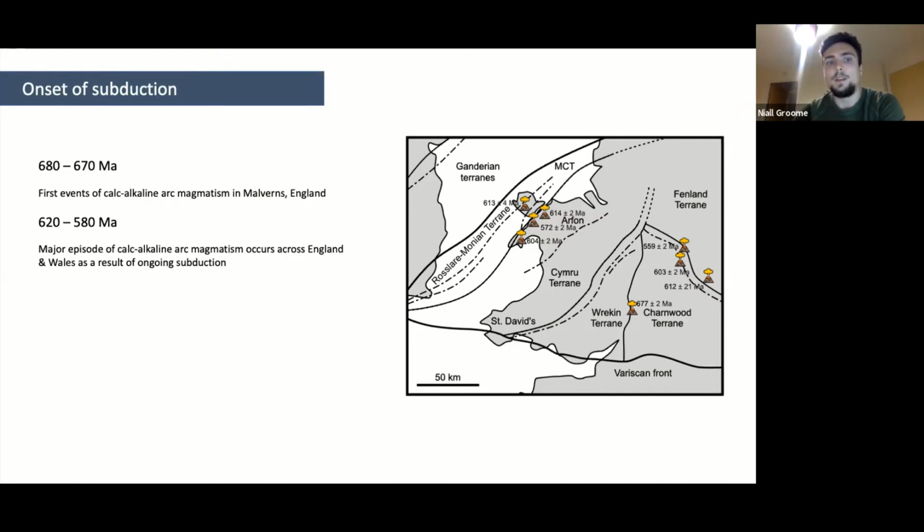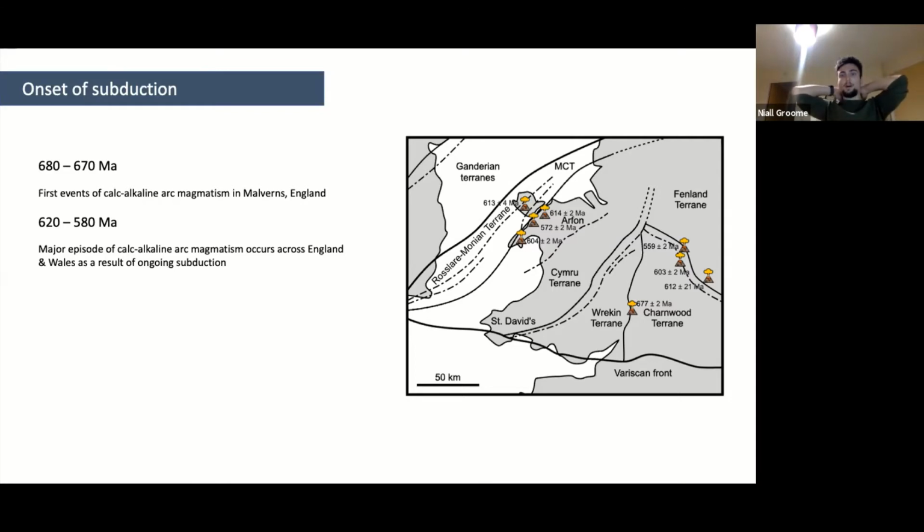And for these early episodes of volcanism, we have an arc signature, which suggests that we have subduction of oceanic material, which is forming magmas beneath the continental crust.